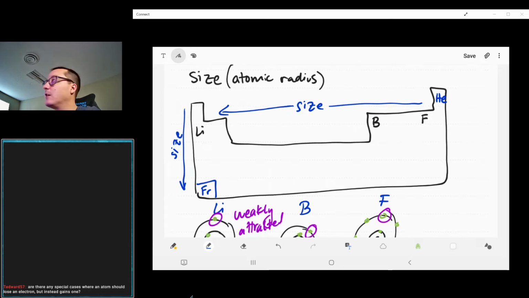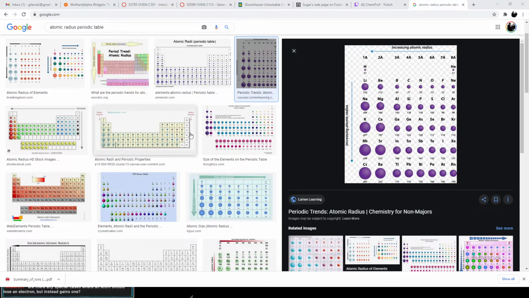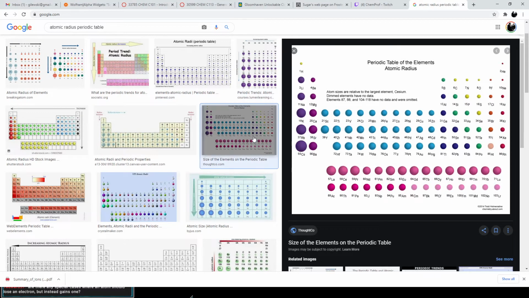Let's see, atomic radius periodic table. Let's have a look here. Alrighty, so if we take a look at some visuals, here are, actually I like this one. Yeah. We can see helium, definitely our smallest one up here.